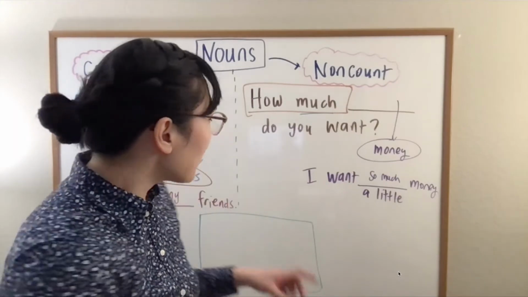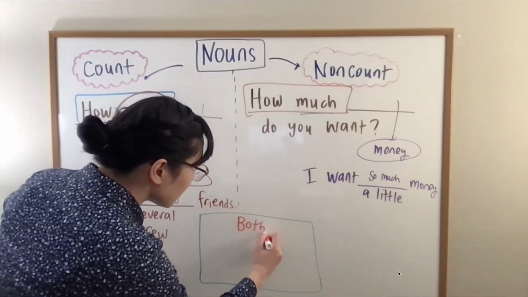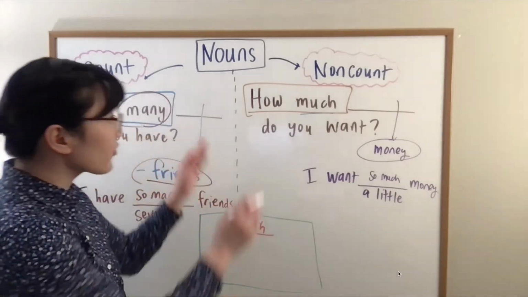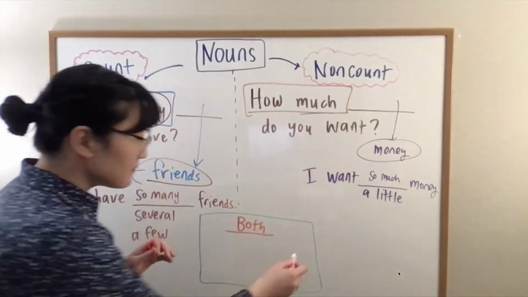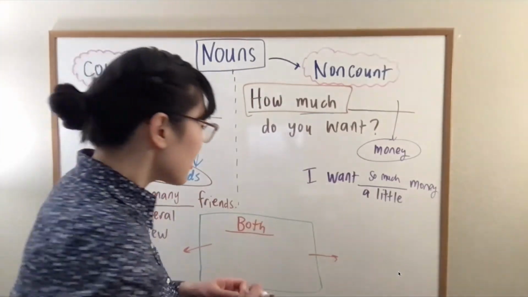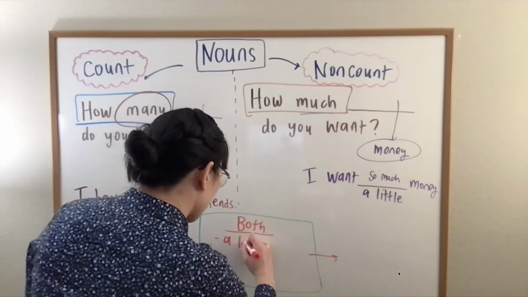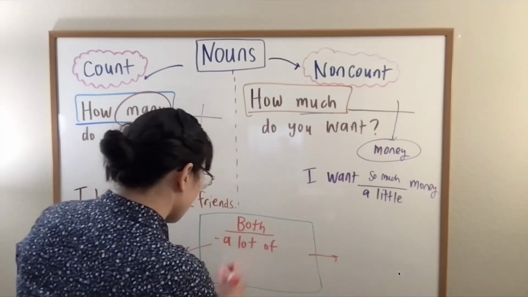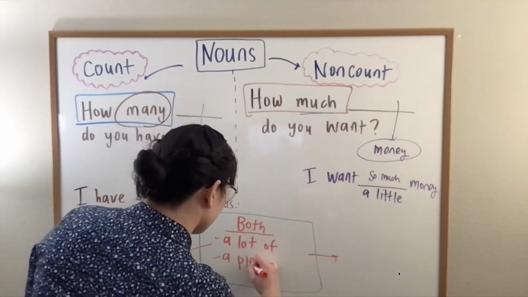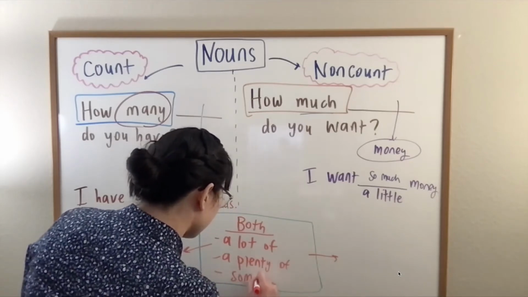Okay, but what about both? Is there a way that we can use these quantifiers for both count and non-count? The answer is yes. So let's take an example. I could say a lot of, plenty of, and some.